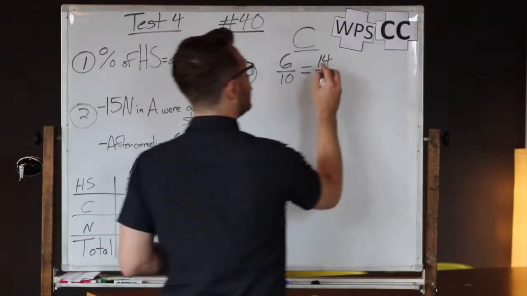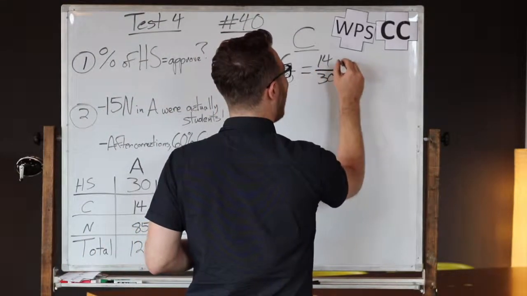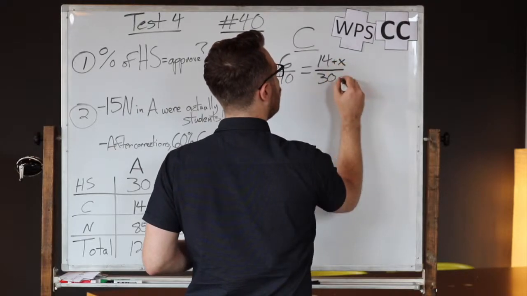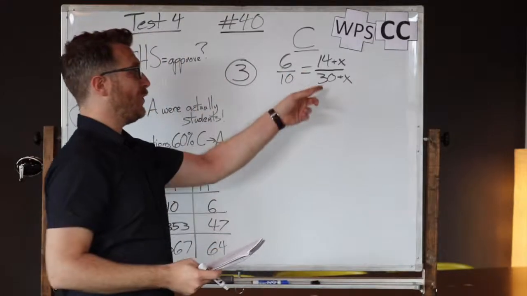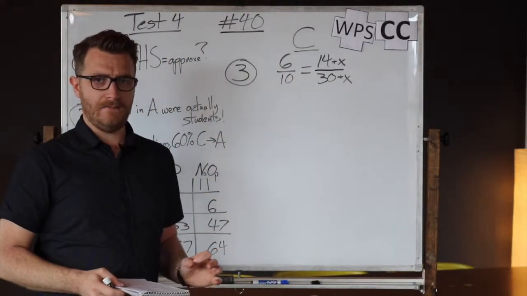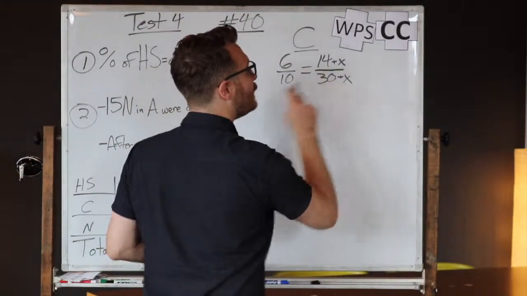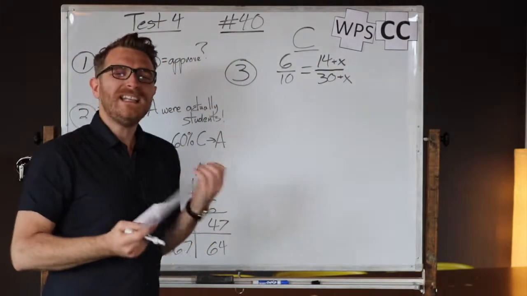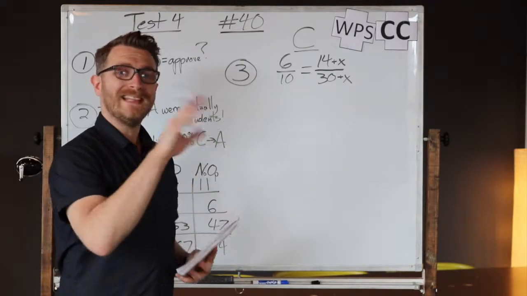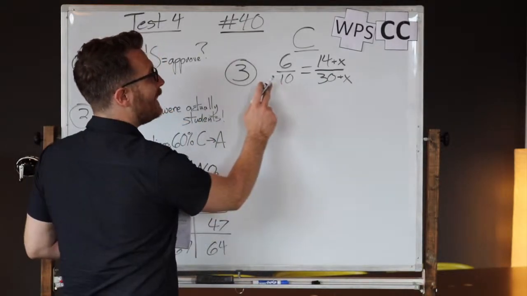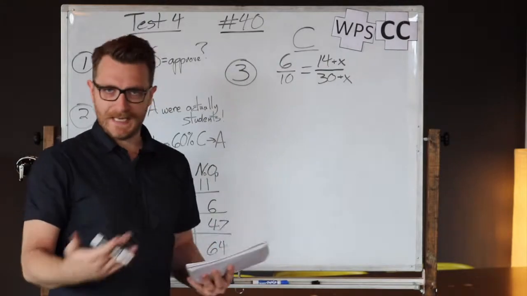But what we want to know is, what number can we add that will make this equal? Because currently, 14 over 30 is not equal to 6 over 10. So I'm going to put an X in the numerator and denominator and ask, what can be X to make 14 over 30 grow in such a way that it becomes 60% or 6 out of 10?